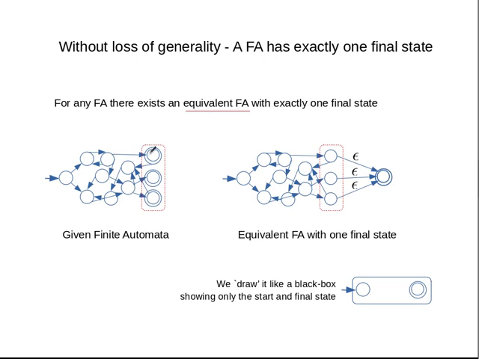You take all these final states and attach epsilon transitions to some new state. This is one new state that you are introducing. You are changing the set of states by just adding one more new state, and from all final states of the given automaton you add this epsilon transition. In this new automaton these are no longer final states, right? You only have this one final state.